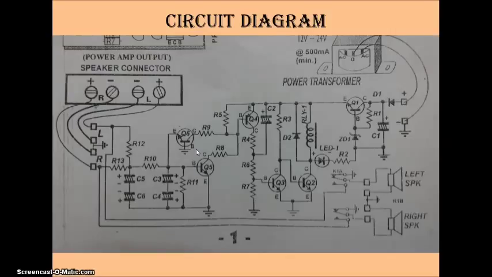If the DC voltage of the power amp output changes from 0 volts to positive or negative by a few volts, the circuit will turn off the relay, here is the relay, thereby disconnecting the speakers from the amplifier for as long as the fault condition persists.